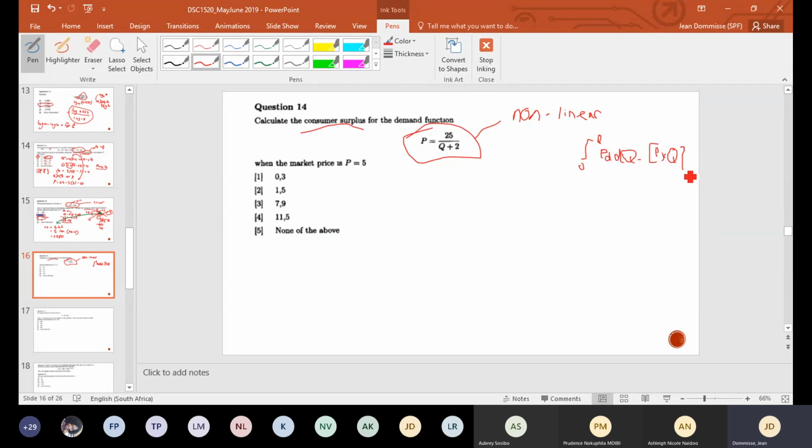Okay, so the formula when we need to work out consumer surplus in a non-linear case is the integration, then times the squares that we work with.